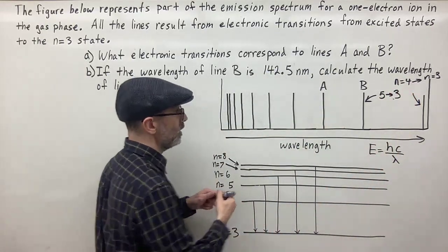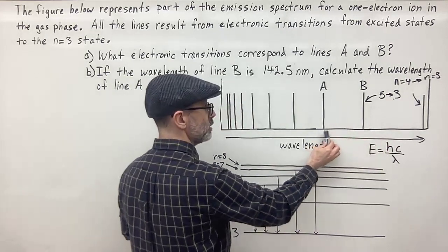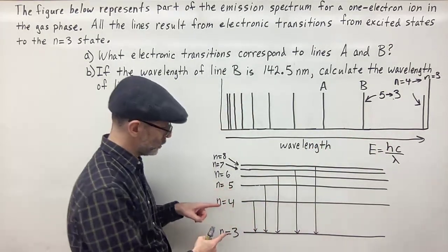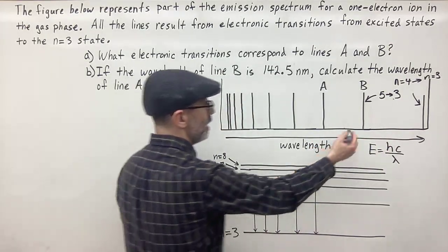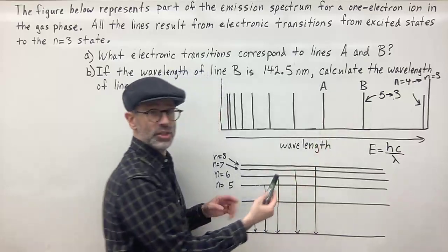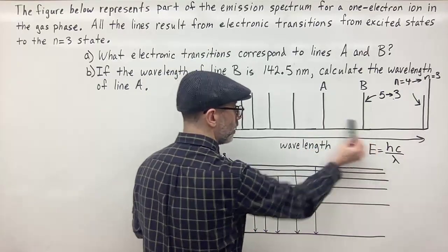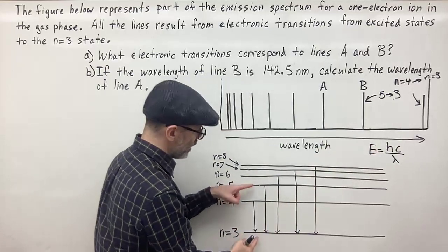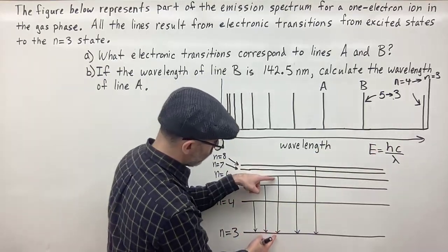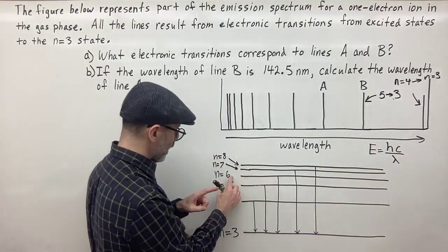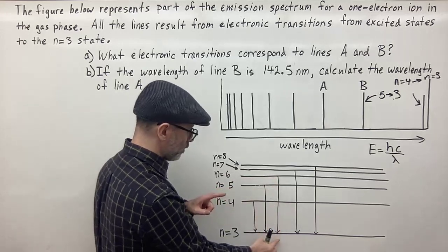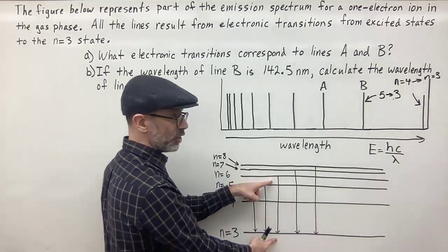And so the next line, A, has to be the next transition. Because this corresponds to a smaller wavelength than this one, the next gap is going to be this one here. So between n equals 6 and n equals 3, you have larger energy.